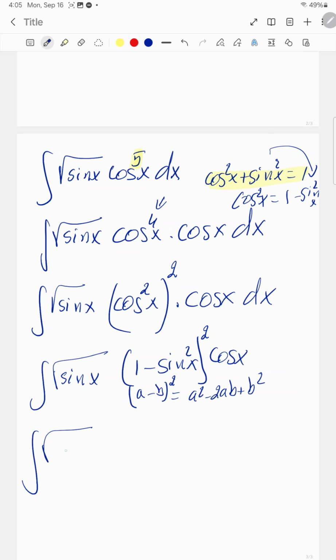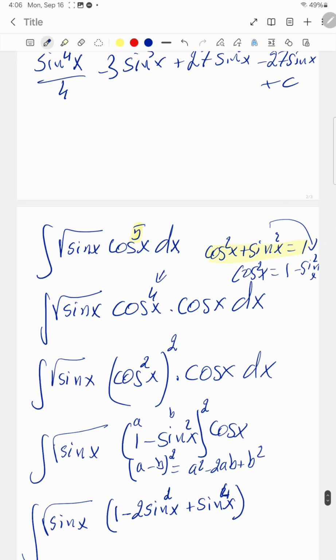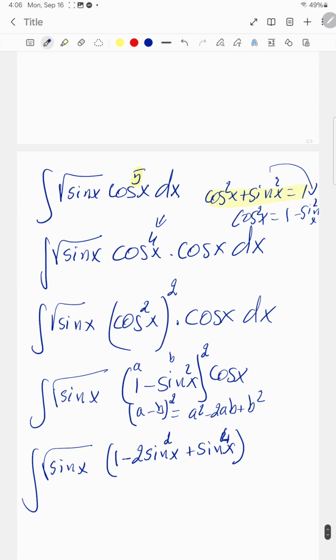So it becomes the integral of square root of sine x multiplied by, my a is 1 and my b is sine square x. So a square is 1, minus 2ab, which is 2 times 1 times sine square of x, plus b square, which becomes sine to the power of 4 of x.